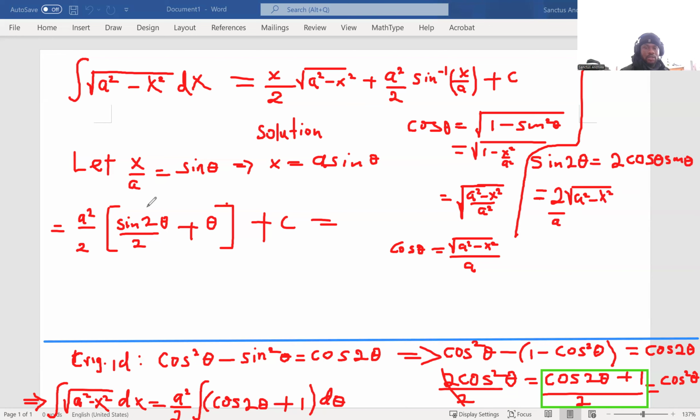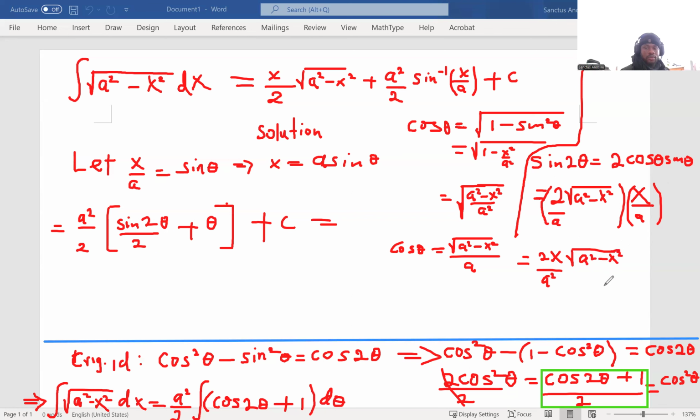Sine theta is x over a. So at the end of the day, this will be 2x over a squared, square root of a squared minus x squared.